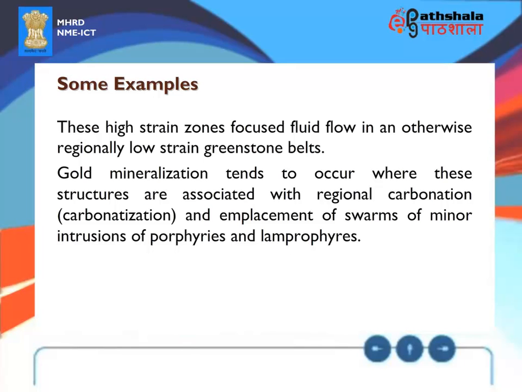These high-strain zones focus fluid flow in otherwise regionally low-strain greenstone belts. Gold mineralization tends to occur where these structures are associated with regional carbonatization, and emplacement of swarms of minor intrusions of porphyries and lamprophyres.